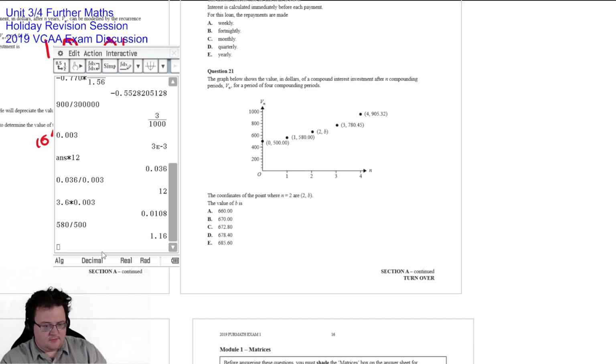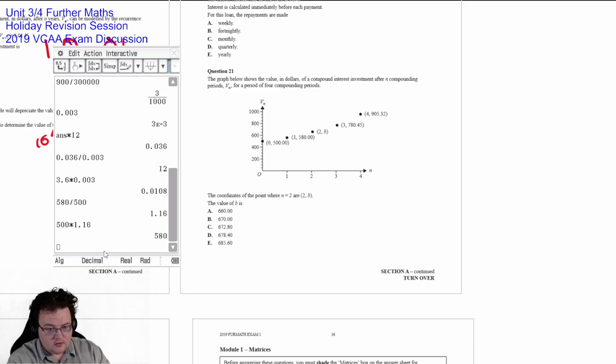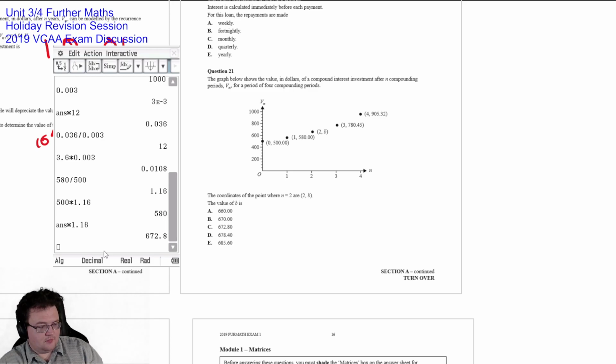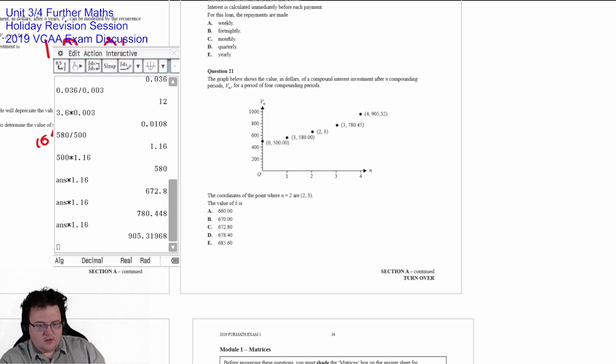So if I do 500 times 1.16, and then I do ANS times 1.16, if I just compare my numbers here to the numbers that are on the paper, I've generated the other numbers, haven't I?